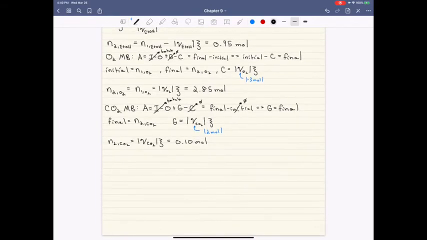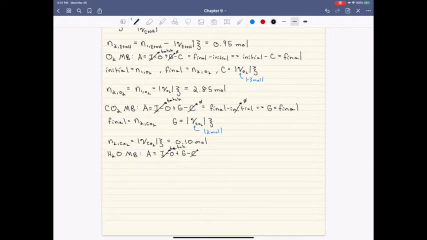Okay, and finally, we now get to the water material balance. A is equal to I minus O plus G minus C. It's still a batch. This reaction does produce or generate water.